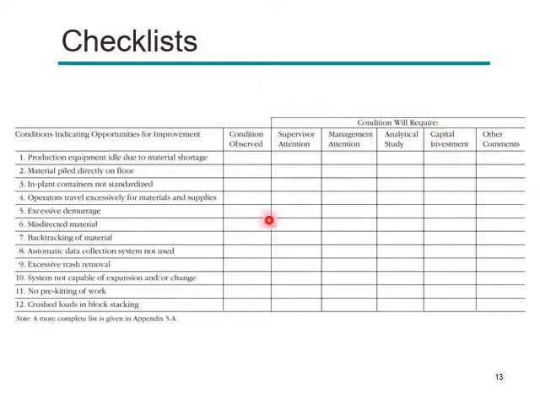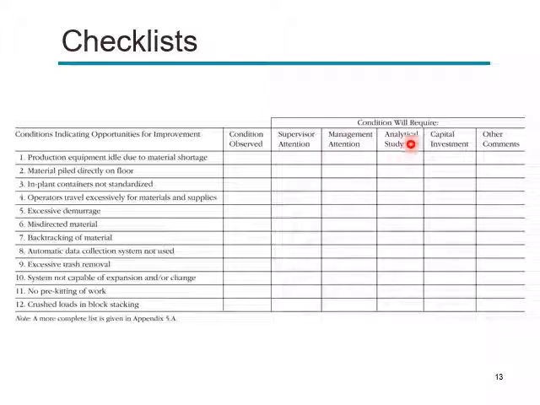Again, these columns represent those improvement opportunities. In order to solve this problem, what do we need? Supervisor's attention. If that's necessary and that's enough, then we put a tick. If we need management attention, then we do this.